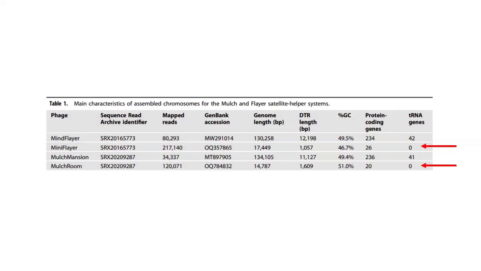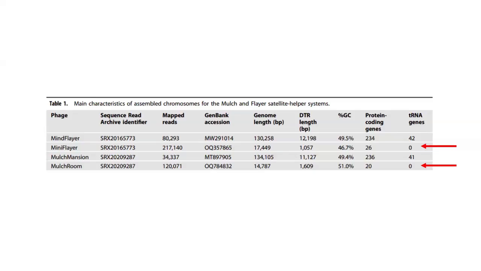So they keep track of this. But when you compare this to the host that they infect, the host is 70% GC rich, but both the helper and the satellites are AT rich. Okay, so they have a low GC richness. Yeah. The host is the cell that they... Yes. I think this was a Streptomyces bacterium.